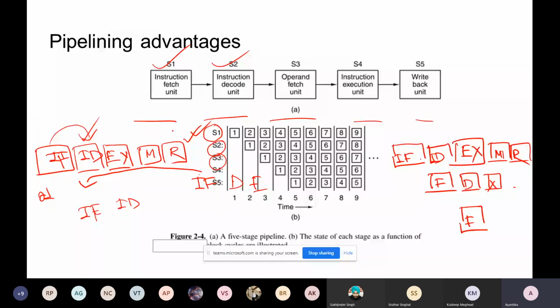In this final stage, your register 5 gets updated. But when you start your next instruction and feed it to your pipeline, you do instruction fetch, instruction decode, and here you do the execution, maybe a subtraction from the value stored in register 5.